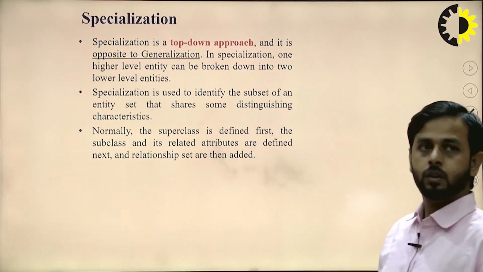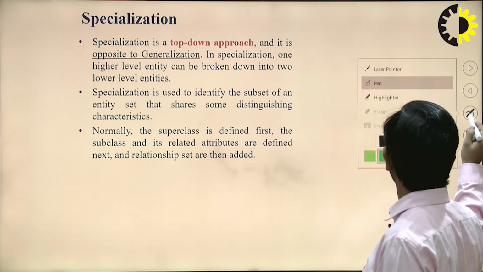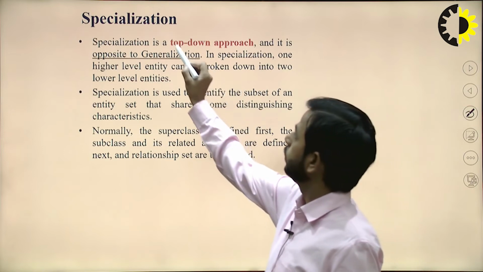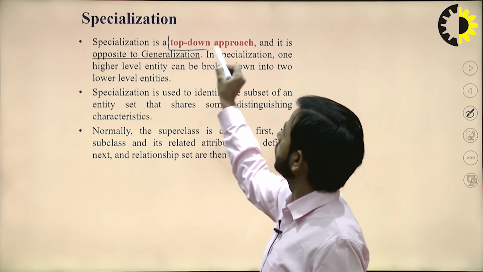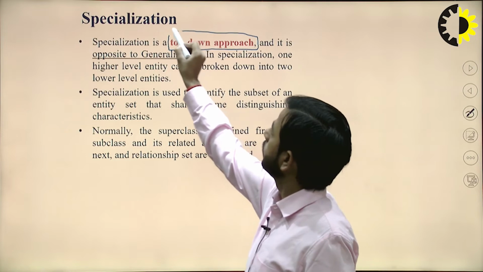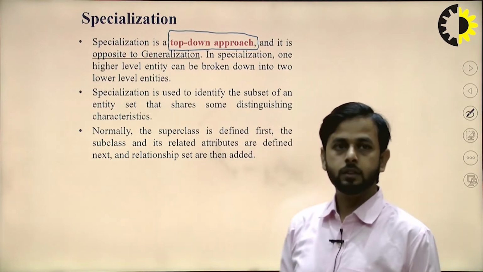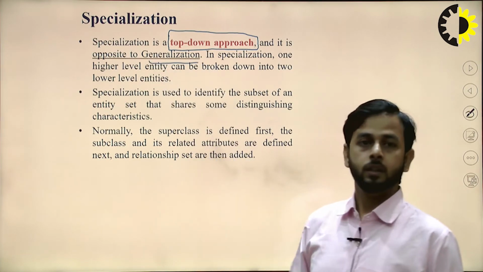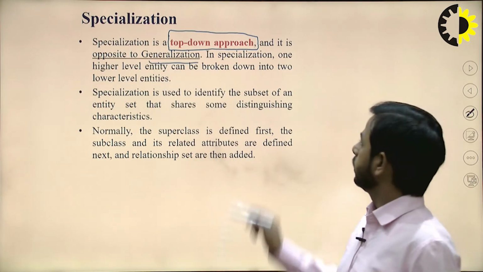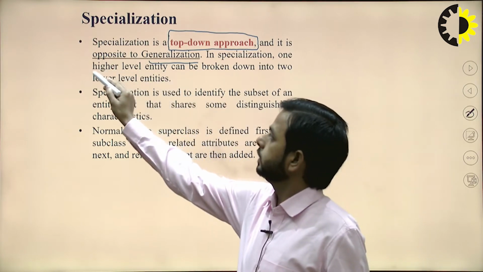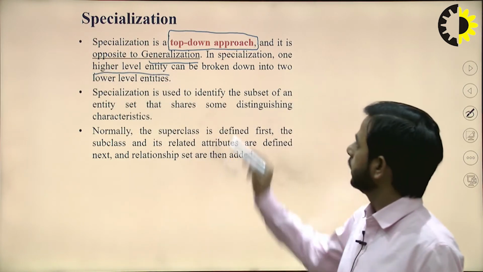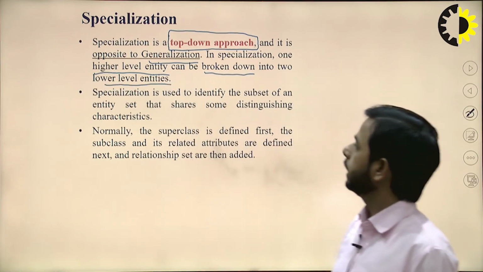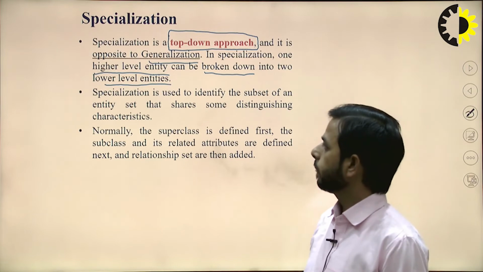Next is specialization. Specialization is a top down approach. It is opposite to generalization. In specialization, one higher level entity can be broken down into two or more lower level entities.